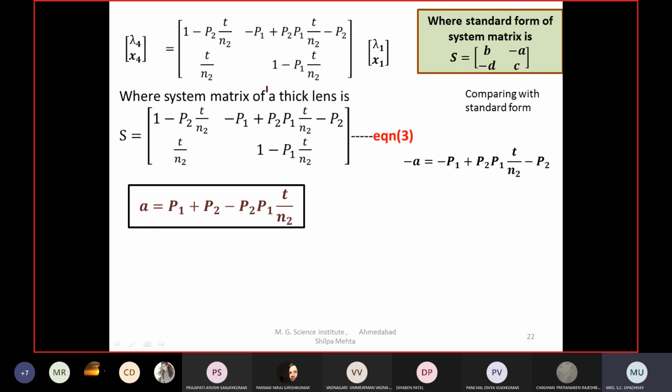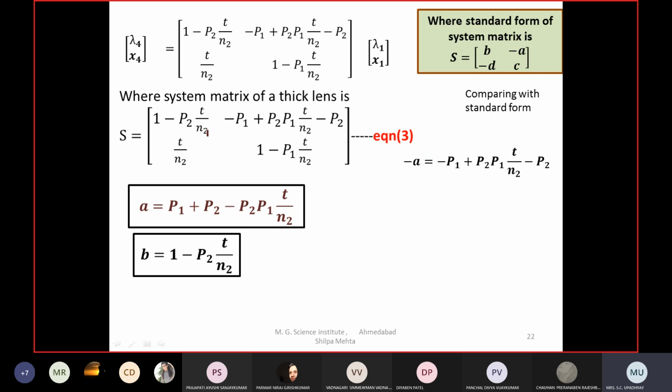What is the value of the second element? B. What is B? 1 minus P2 T upon N2. This is B. So B is this element, and therefore B equal to 1 minus P2 T upon N2.